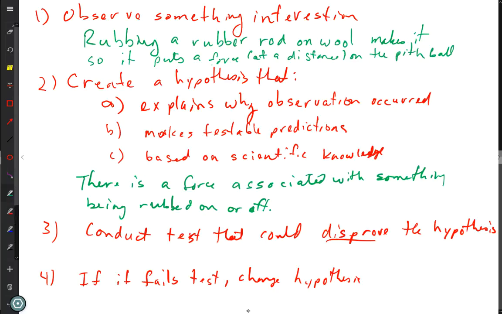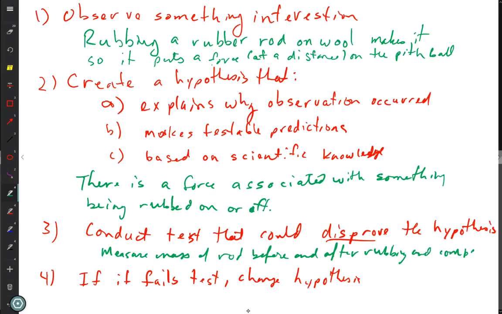So if my test here was to measure the mass of the rod before and after rubbing and compare, because I know the outcome of that is going to be that it fails, then we'd go back and we would change the hypothesis to include the new information.